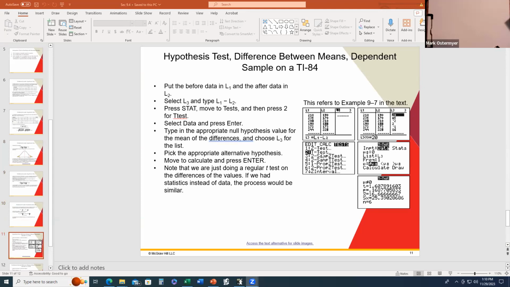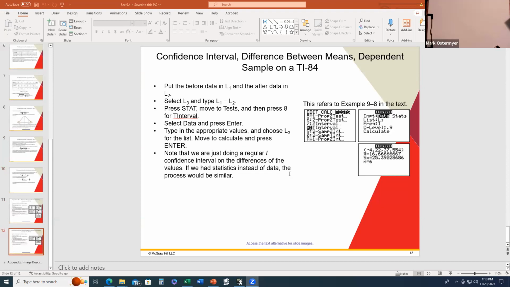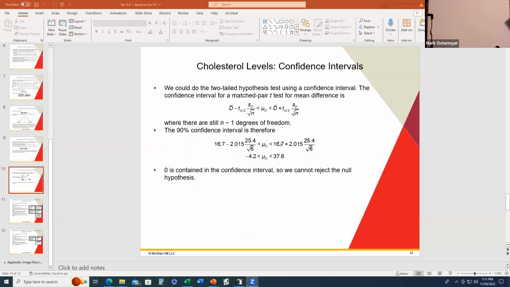All right, this is just going over the calculator, how we do this. It's just a t-test. That's all it is today. Oh, for the confidence interval, it looks like they used the t-interval function here to build the confidence interval using your calculator. Let's go back and see if we can do that. So let's bring up our calculator.